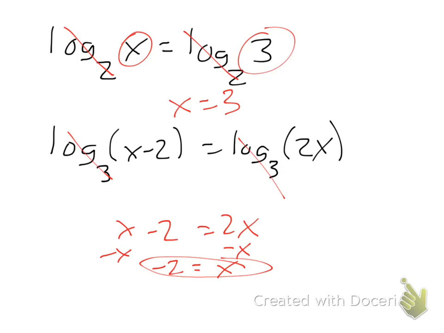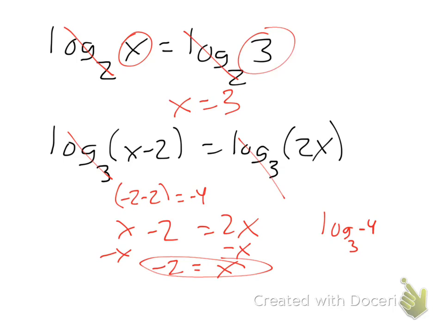When you go to check, because we always should check, if I check negative 2 back into my equation, you'll have negative 2 minus 2, and that is negative 4. Which really does mean that you have to do log base 3 of negative 4. And if you do log base 3 of negative 4, it doesn't work.